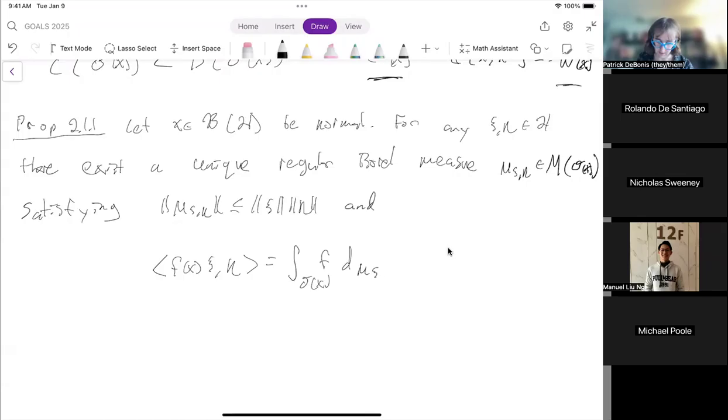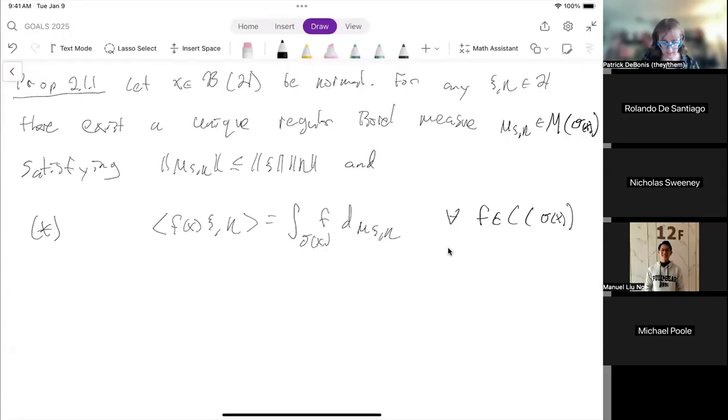If we start on the right-hand side, what you have is a continuous function on the spectrum of your operator. And so integrating against this measure here is the same as taking an inner product against the operator f of x. And so label this equation.